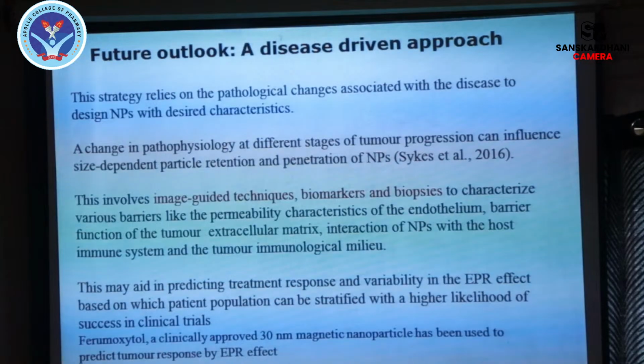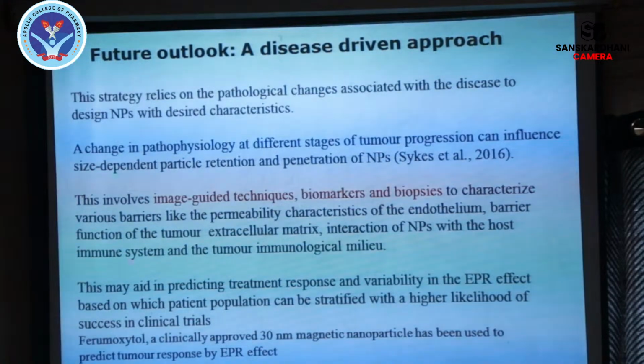Now coming to the last part of my slides. I told you that liposomes or nanoparticles will work in certain cases and will not work in other cases. So first you have to segregate the patient group into those patients who can get effective therapy out of liposomes, and those patients who will not respond to liposomes.